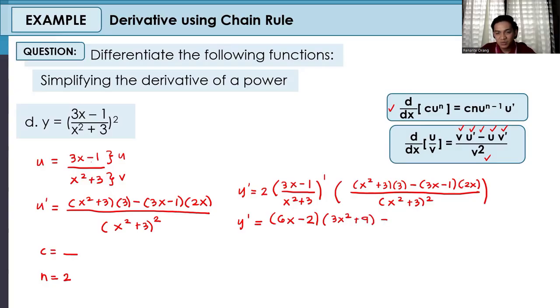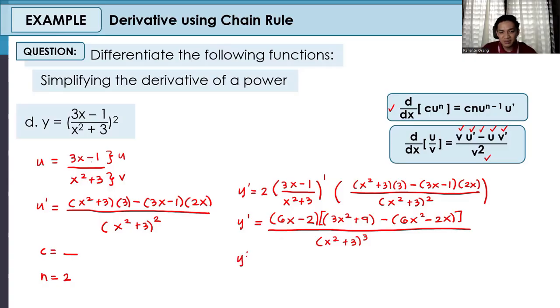Minus, let us multiply: 3x times 2x is 6x squared. Minus 2x. Close parenthesis. That is all divided by x squared plus 3 cubed, because it was squared here, raised to 1 here, so 2 plus 1 is 3.